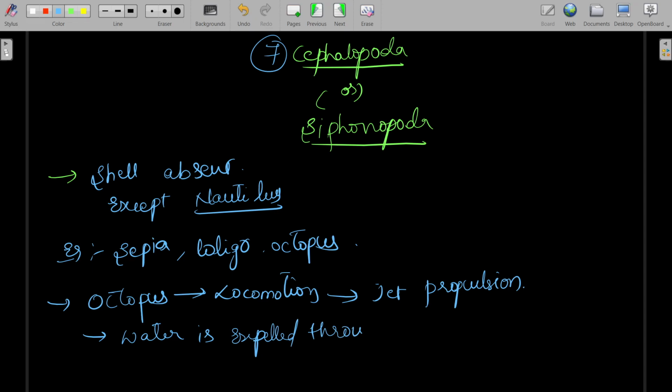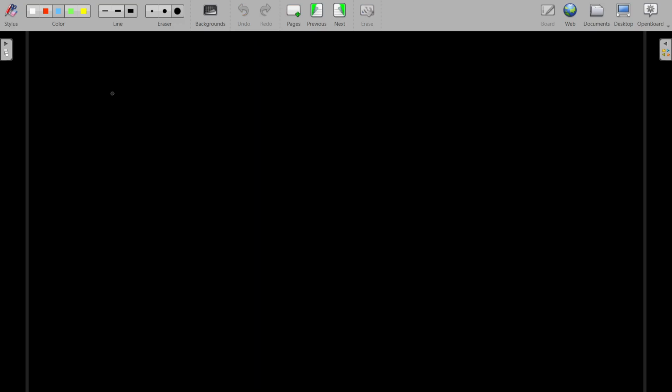Siphon means a pipe, a pipe-like structure. So when it takes off, it looks like a rocket. With some exerted pressure or force, it propels up, that means it swims up.